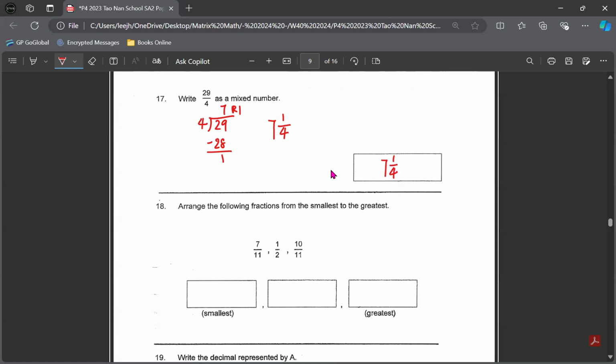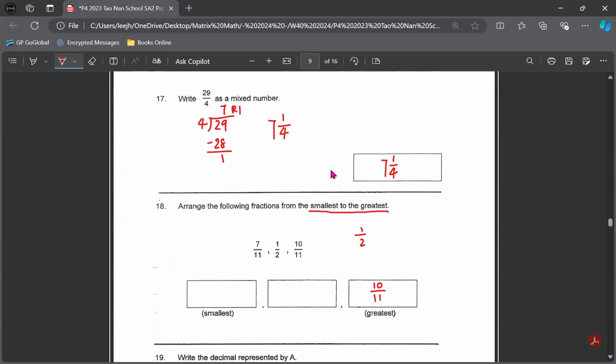Question number 18, arrange the following from the smallest to the greatest. So which one is the smallest, and which one is the greatest? As you can see, this is 11 and 11. So you definitely know 10 over 11 is your greatest because it's very close to 1 whole. What about half? Some of you can change this denominator to a 10.